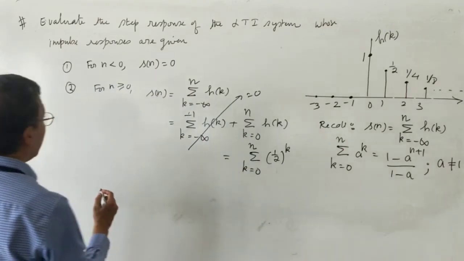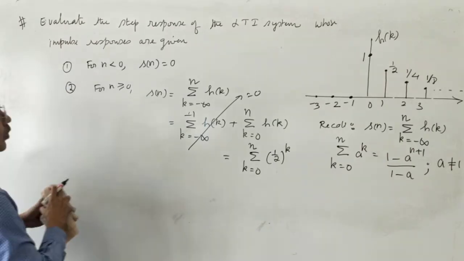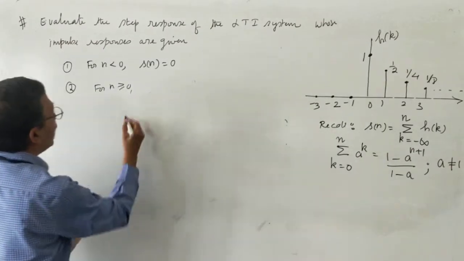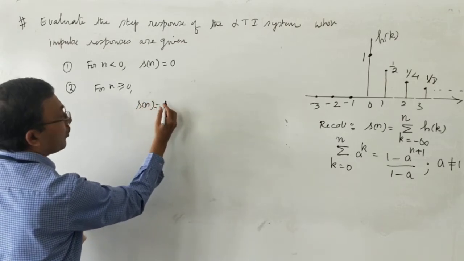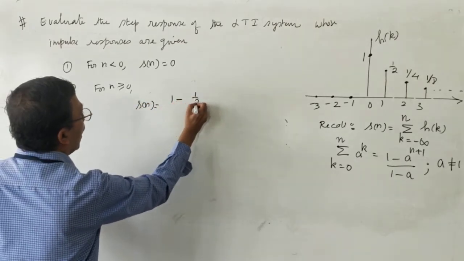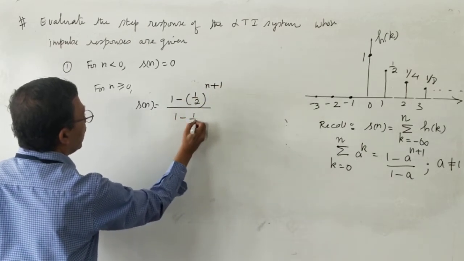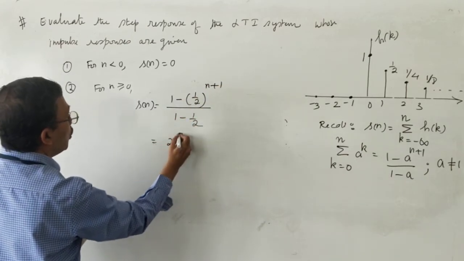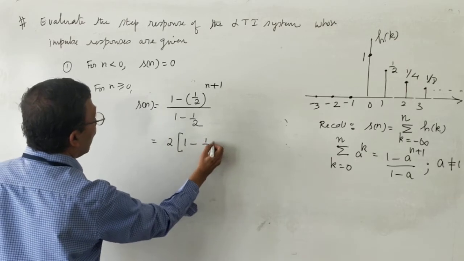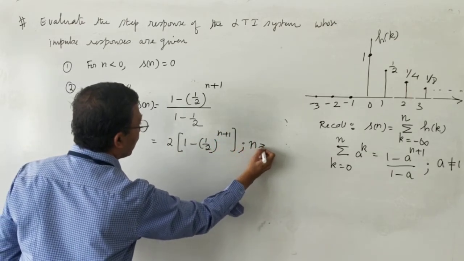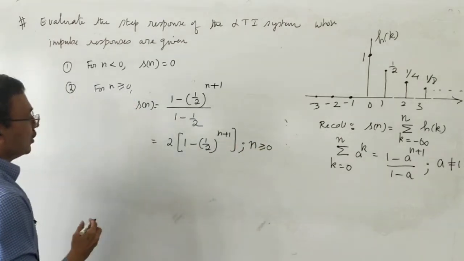Therefore, S of n equals 1 minus half to the power n plus 1 divided by 1 minus half. It's nothing but 2 into 1 minus half to the power n plus 1. This is for n greater or equal to 0.